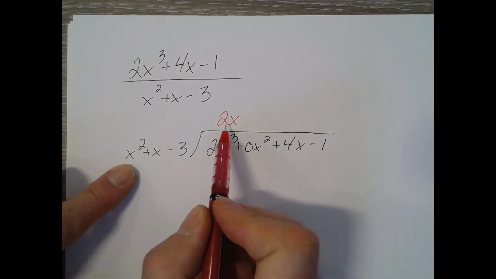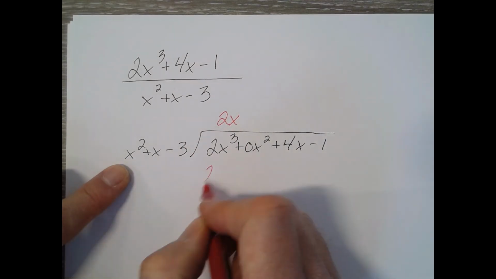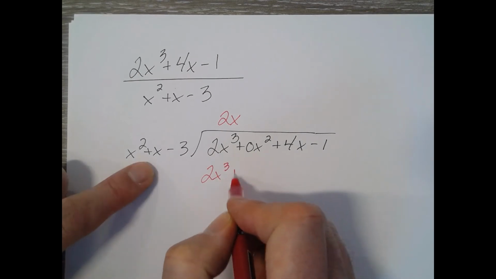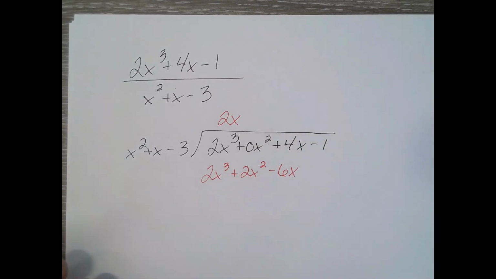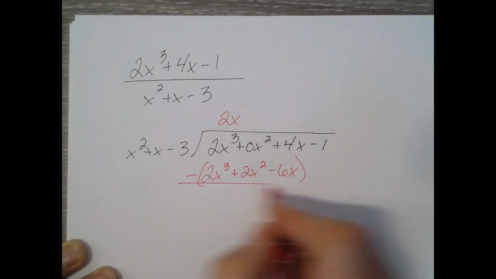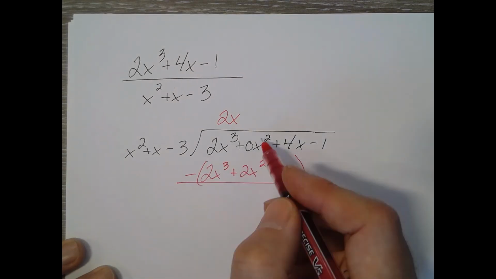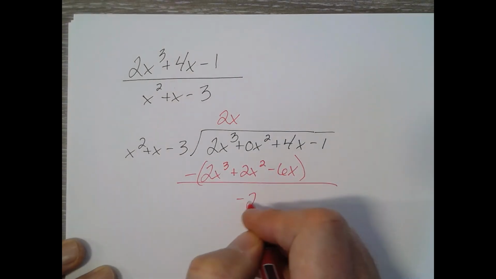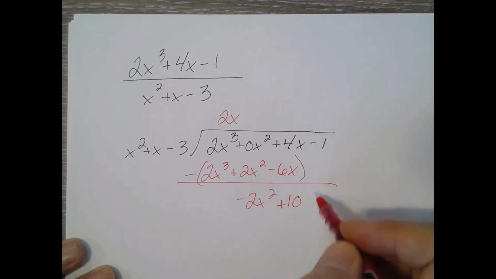And then you multiply this times all three of these terms, so 2x times x squared, 2x cubed, plus 2x squared, minus 6x. And subtract. Those are gone. 0 minus 2 is negative 2x squared, plus 10x, minus 1.